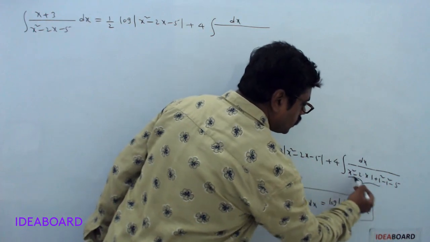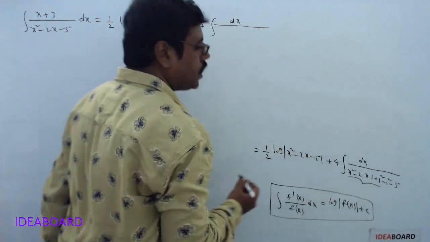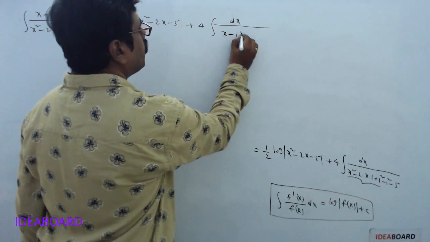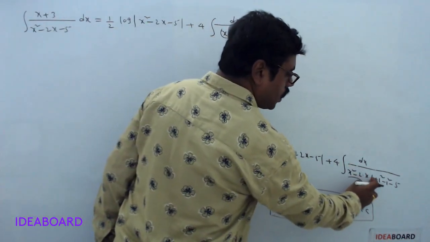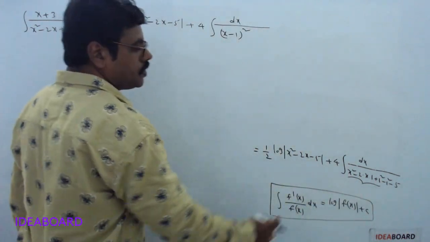The combination of these three terms can be taken as (x − 1)², since a² − 2ab + b².